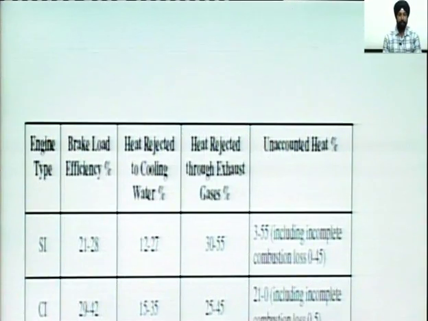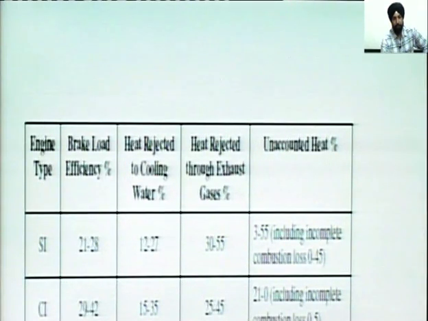And then for the CI engine, the efficiency, that is the useful work, the fraction of the heat supplied that we get, ranges from 29 to 42%. That is, CI engines are more efficient as compared to SI engines. We can observe it from the table. Heat rejected to cooling water in the case of CI engines, diesel engines, ranges from 15 to 35%, and heat rejected to exhaust gases may range from 25 to 45%.